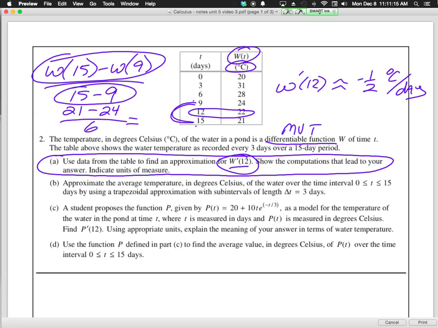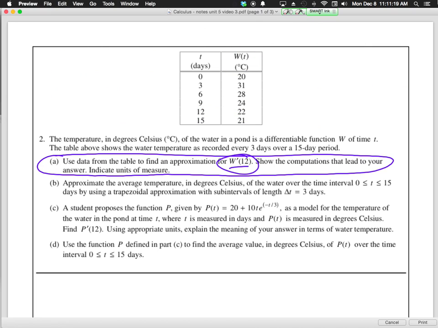However, there's another way, or some other things that are acceptable. So if I want an approximation for 12, I can use the one before it and 12 itself, or I can also use 12 and the one after. So if I wanted to, I could do W of 12 minus W of 9 over 12 minus 9.